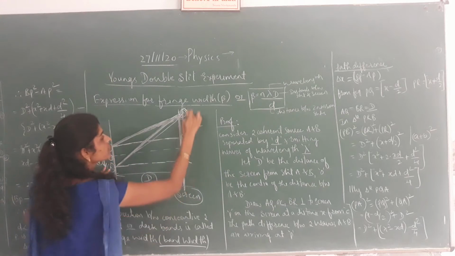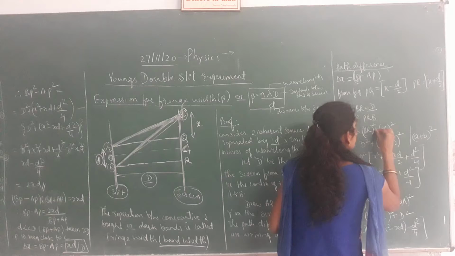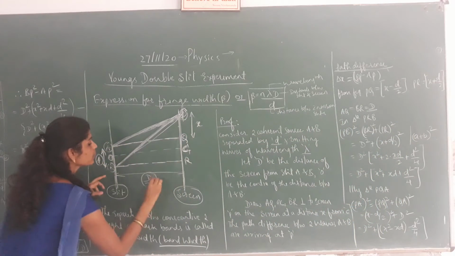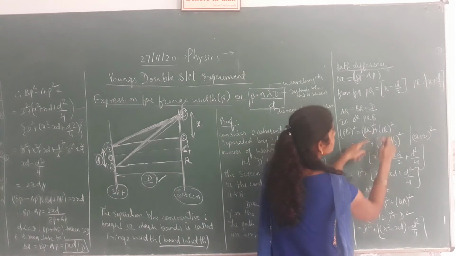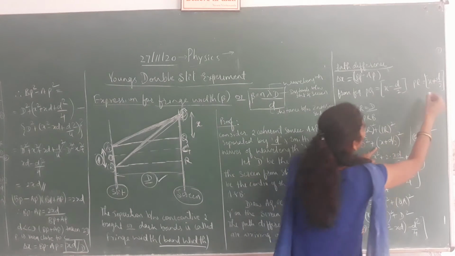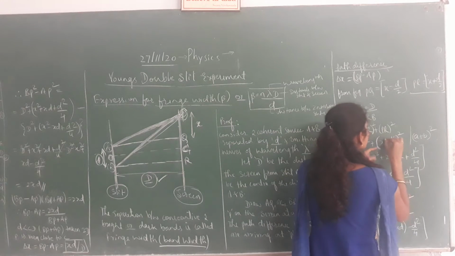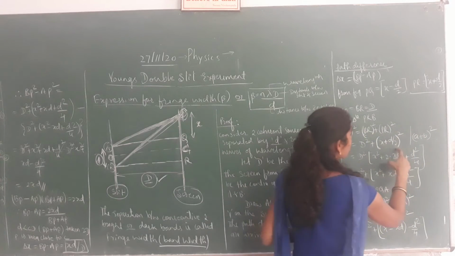BR is nothing but D, so it is D square plus PR square, and PR is nothing but x plus d by 2, whole square. The D square is kept as it is.